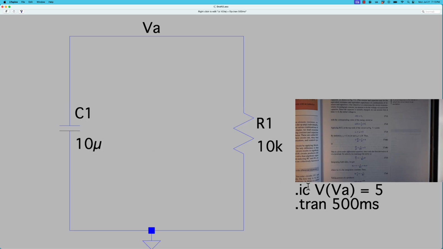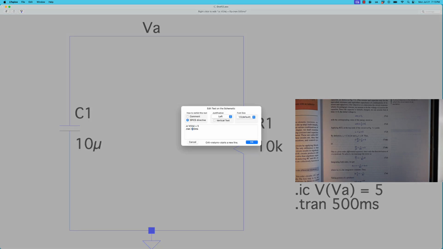So we have an IC of V of VA. This node is VA, V sub A, or V lowercase a, which is 5. I placed it as 5 volts as the initial condition. I haven't been able to get the ideal switch to work in this circuit, but using this formula, we've been able to substitute for a switch.